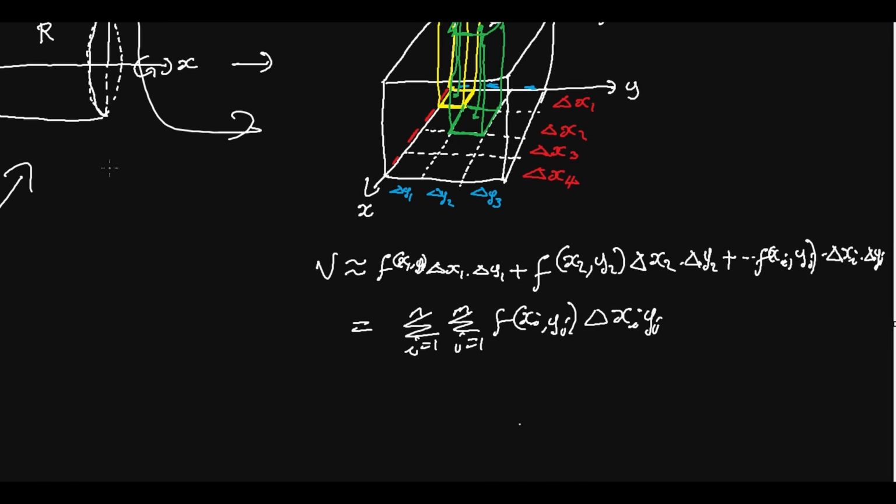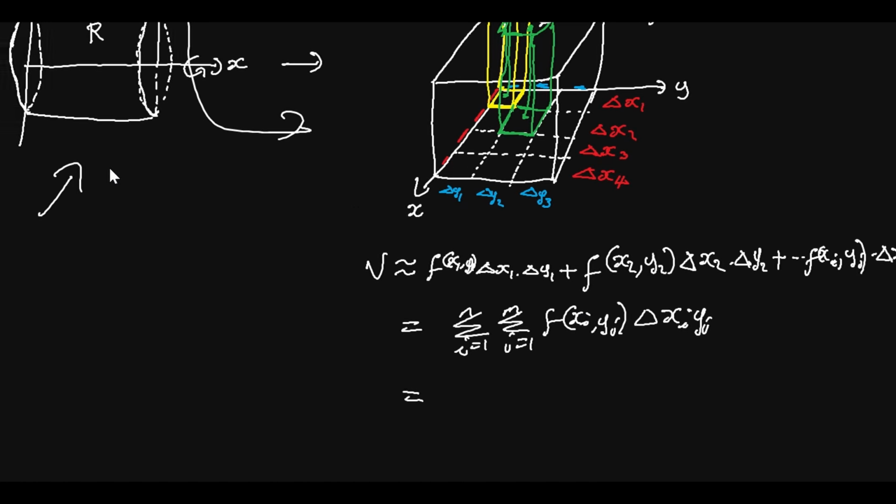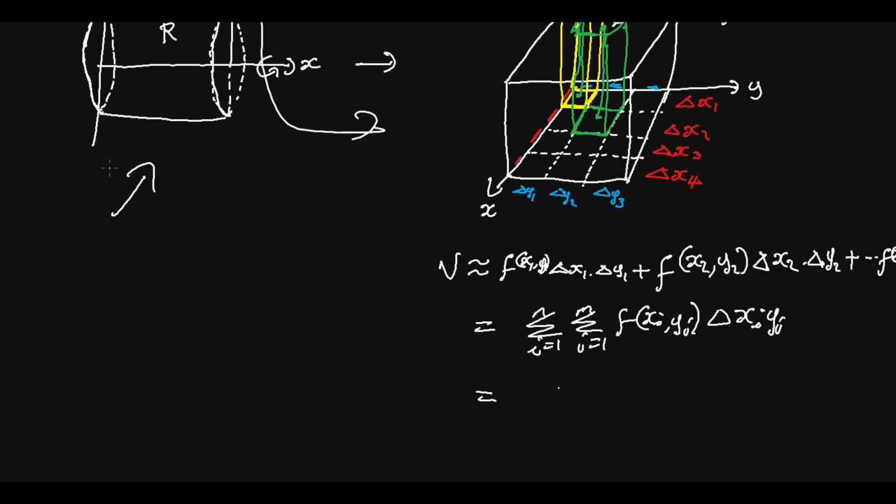As you remember, I think I can just make it quick. You do remember that even in the previous sections we have been talking about this: to get a better value of this V, the number of these smaller V's, these very, very small volumes that we are summing here, must go to infinity. So we would like to have a limit as n and m tend to infinity, right?